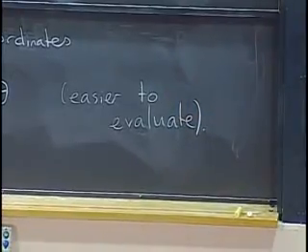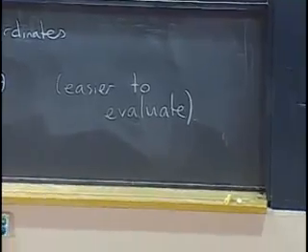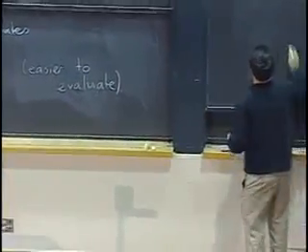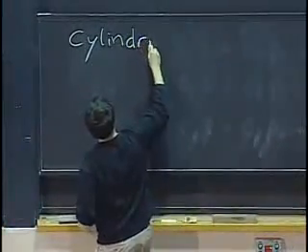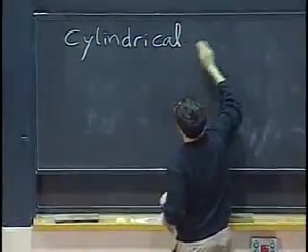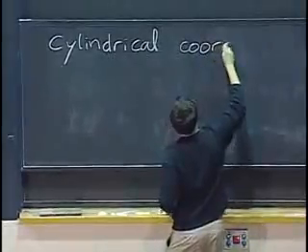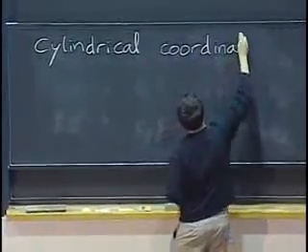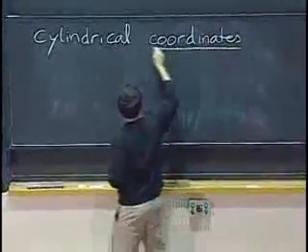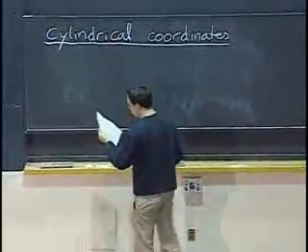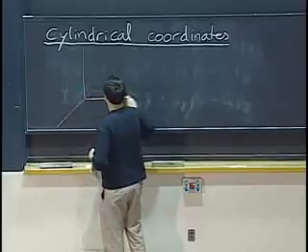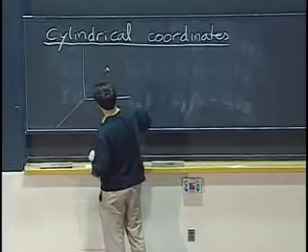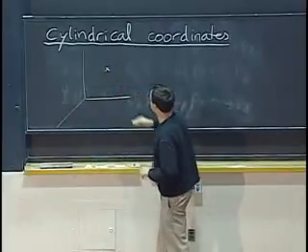So now we have actually a name for this because we're doing it in space. These are called cylindrical coordinates. So in fact, you already knew about cylindrical coordinates, even if you didn't know the name. The idea of cylindrical coordinates is that instead of x, y, and z, to locate a point in space, you will use 3 coordinates.